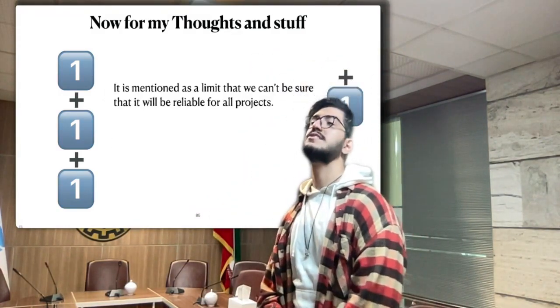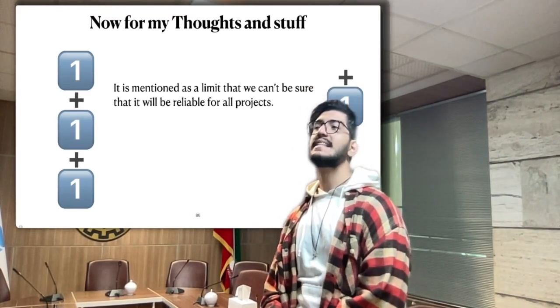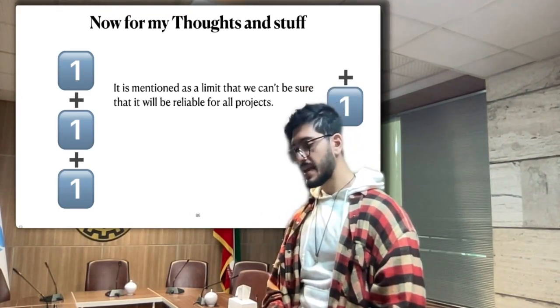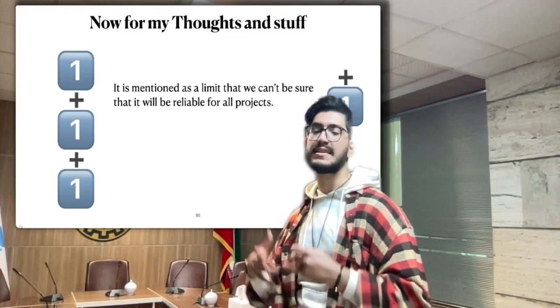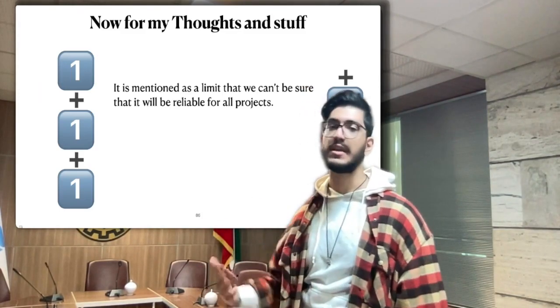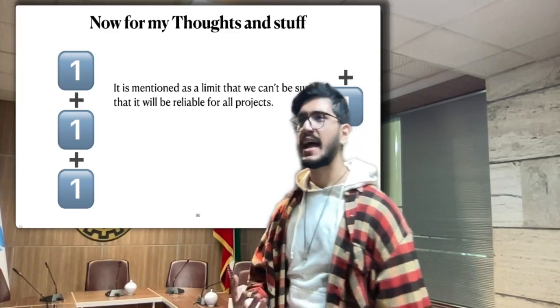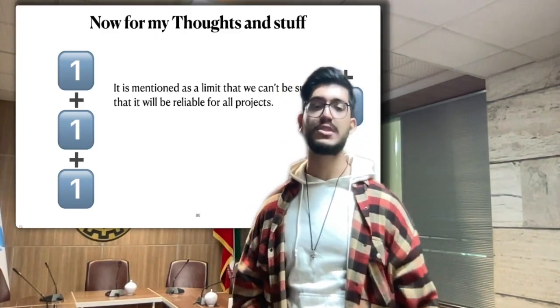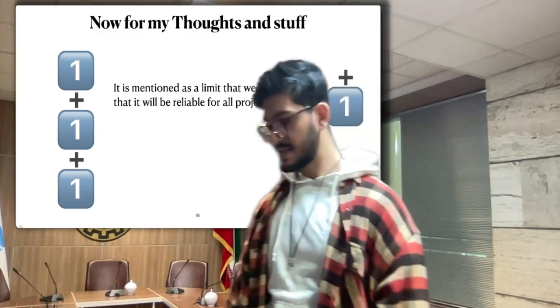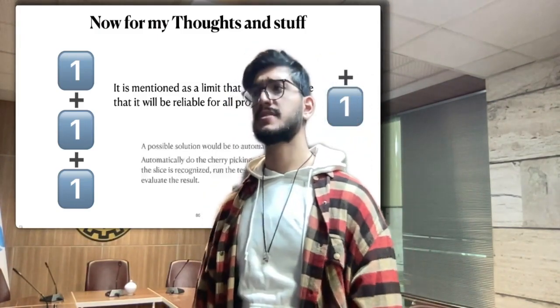The fourth suggestion is that it's mentioned as a limit in the paper that we can't be sure that CSlicer would work on every project, since they only tested it on 4 different projects, and they said that it would take too much time, it wasn't feasible for them to test on more projects.